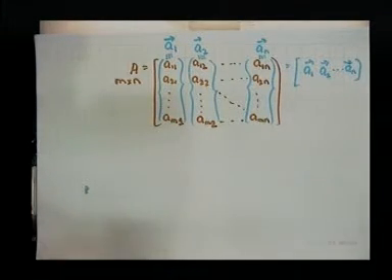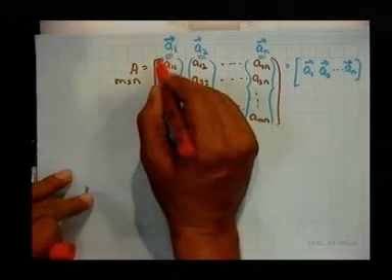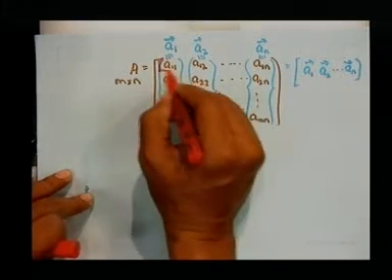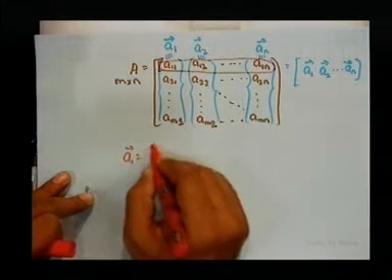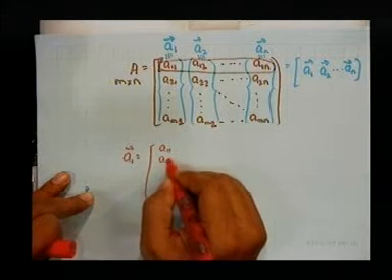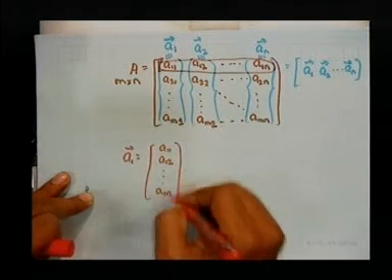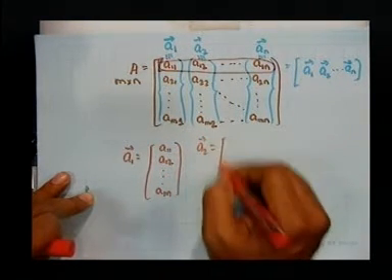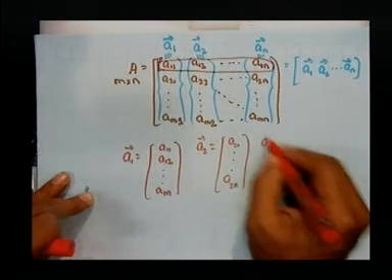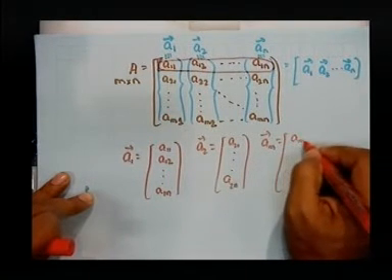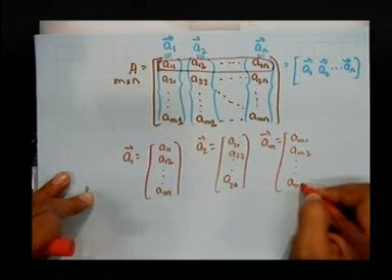Now, the same matrix, if I define these elements, so if I define A1 as A11, A12 and then up to A1n, then I define A2 is equal to A21, A2n, and then I define AM vector as AM1, AM2, this is A22 and AMN.